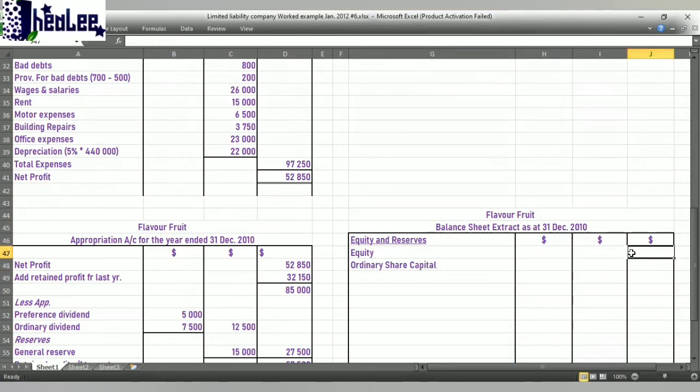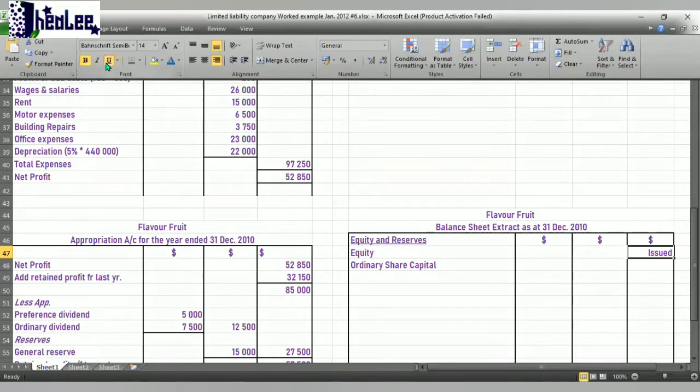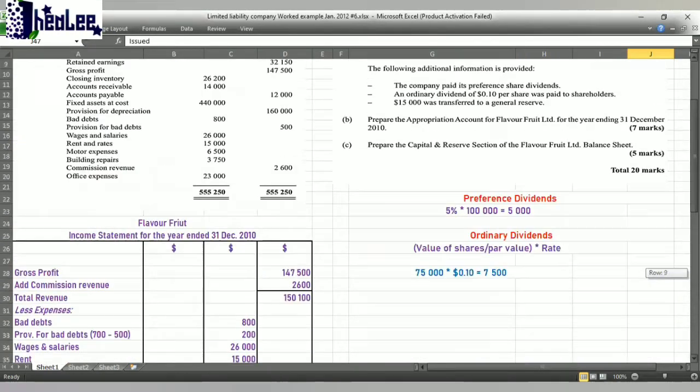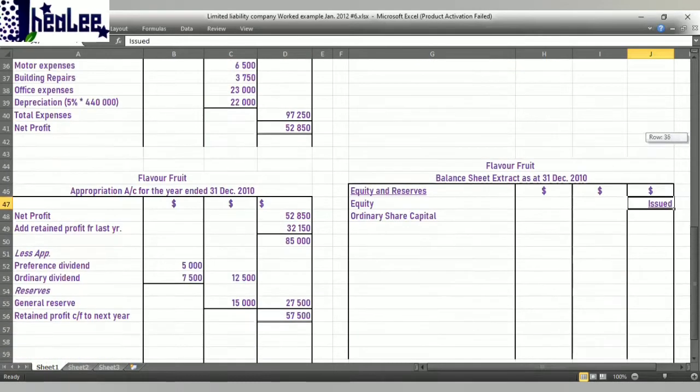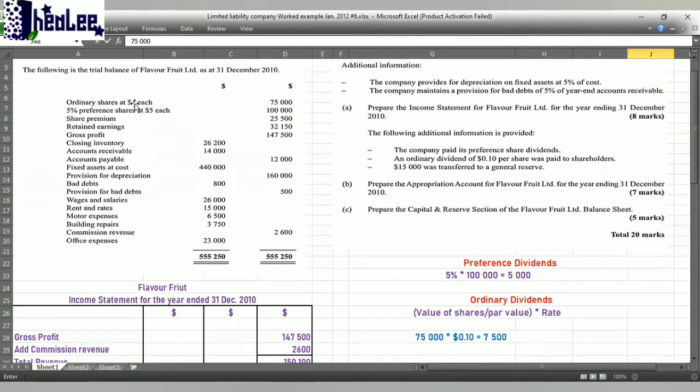And those are your issued capital, just make a note of that. And the amount for ordinary share capital, let's go back to the question and pick up, that is $75,000. So you record that there, 75,000.